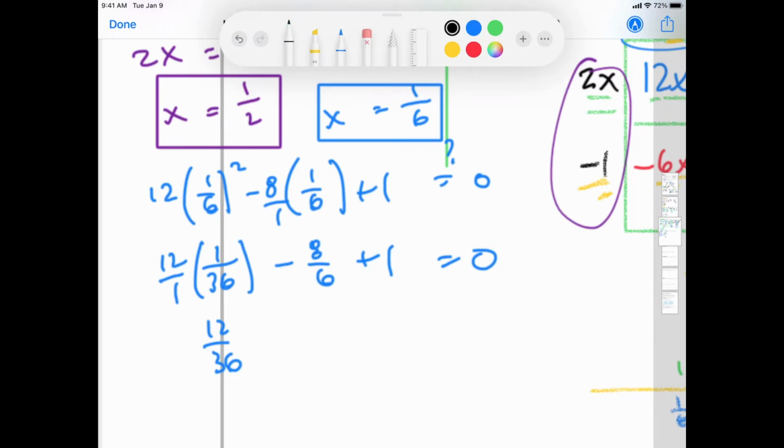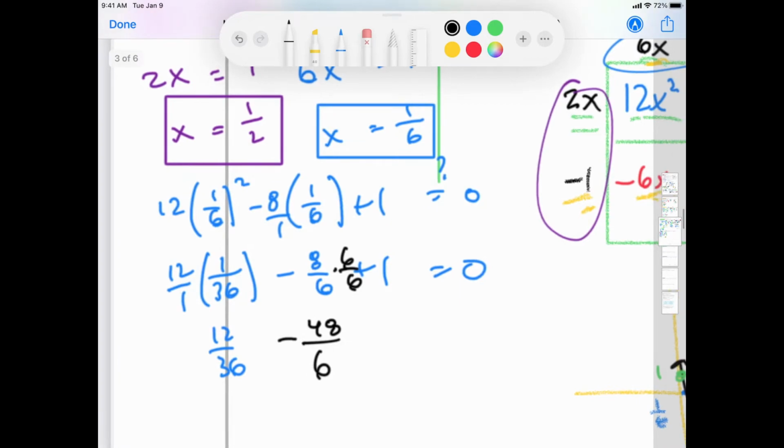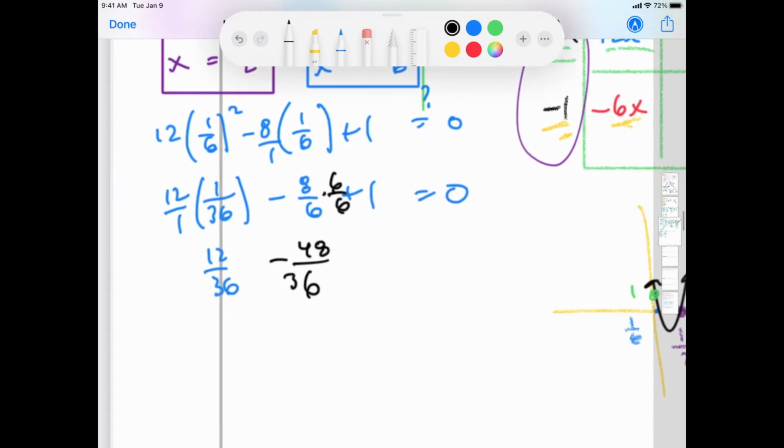I'm going to multiply this one by 6 over 6 so that I can get negative 48 over 36. No, something's wrong. No, that's right. 12 minus 48 is negative 36 over 36, which is negative 1. And negative 1 plus 1 equals 0.